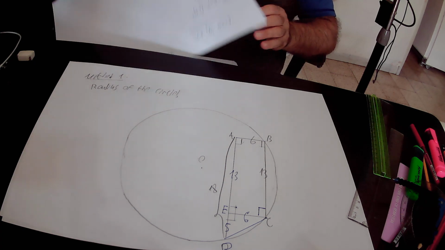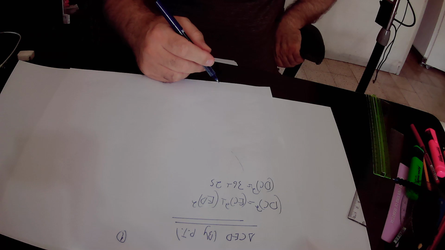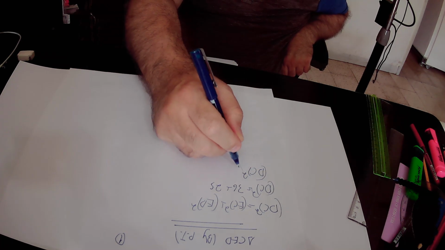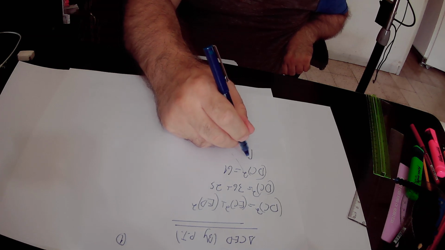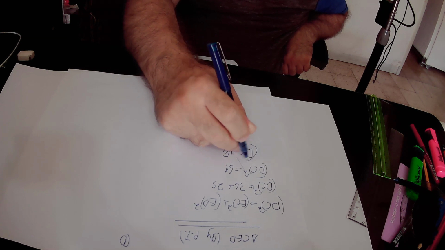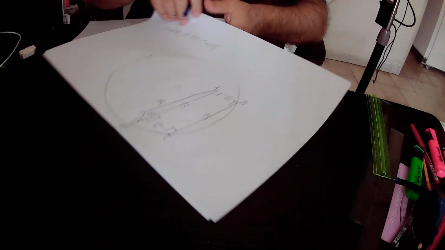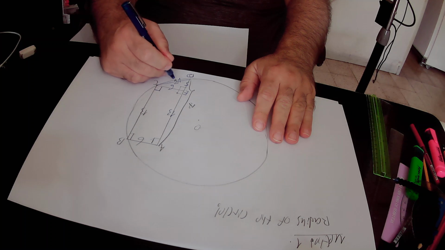In conclusion, DC squared equals 36 plus 25, which is 61. Here we'll take the root of this equation and we get that DC equals the square root of 61. So we found out that the hypotenuse DC is equal to the square root of 61.